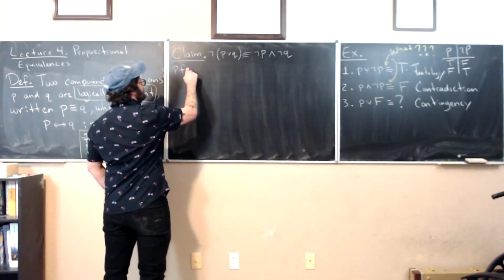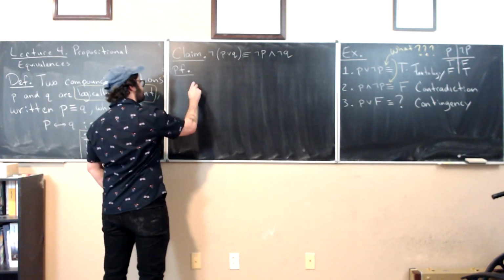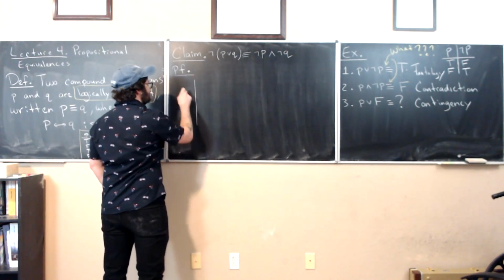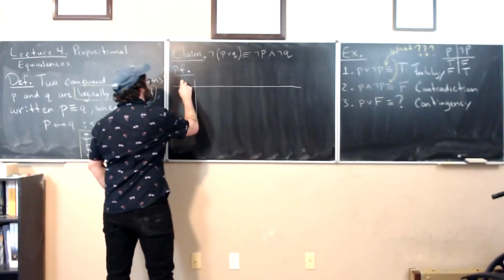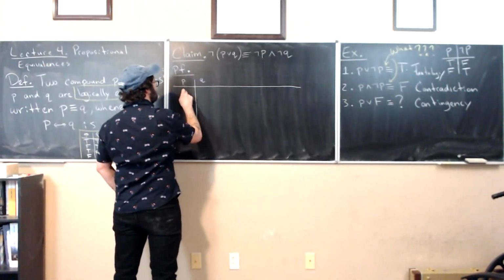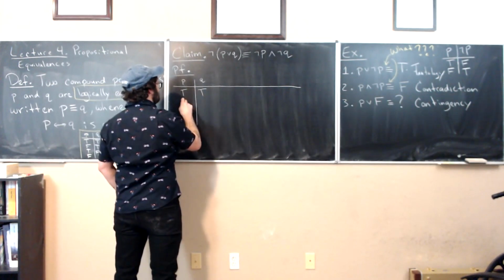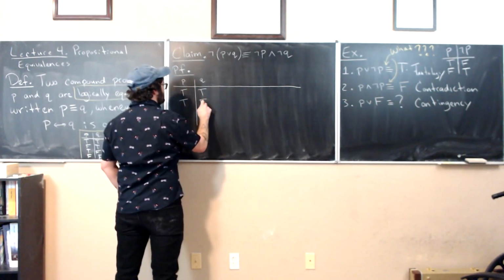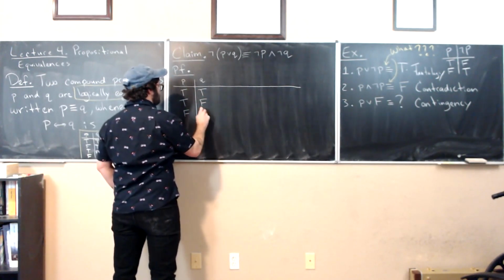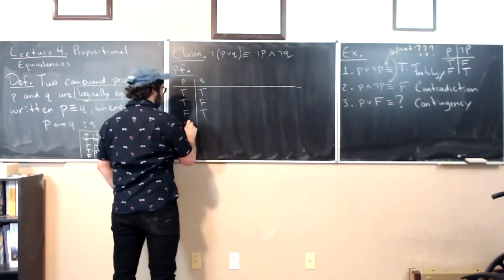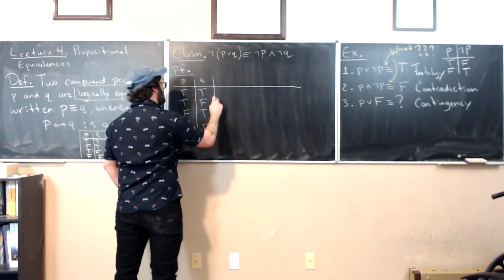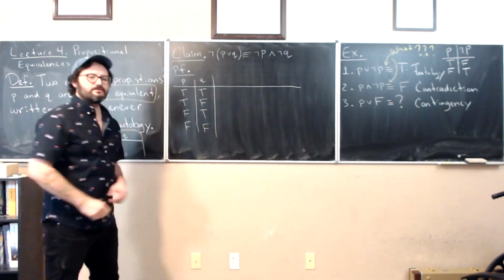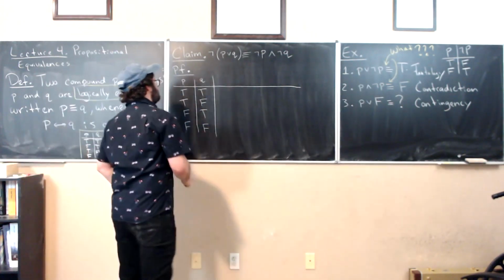But nonetheless, it is a proof. Okay. So we're going to make a big truth table. So P, Q, true, true, true, false, false, true, false, false. So this is enumerating every possible combination of the truth values of P and Q.